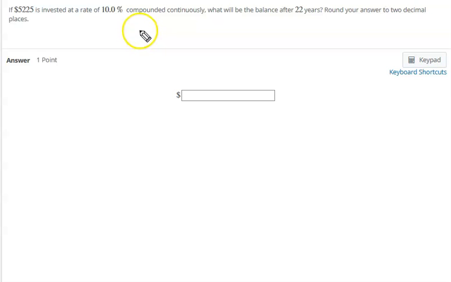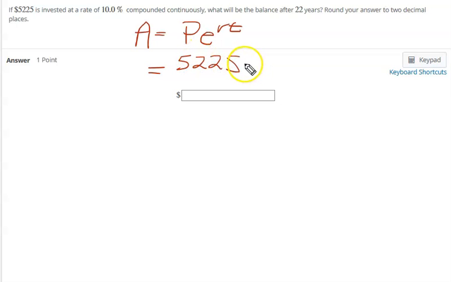And we have another with continuous interest. And substitute. So the principal is 5225 times Euler's e caret, and then it's 10%, so 0.1, put a 0 there, times 22 years.